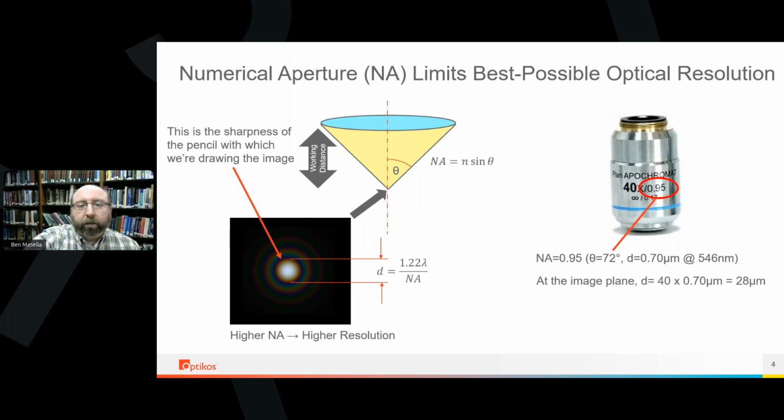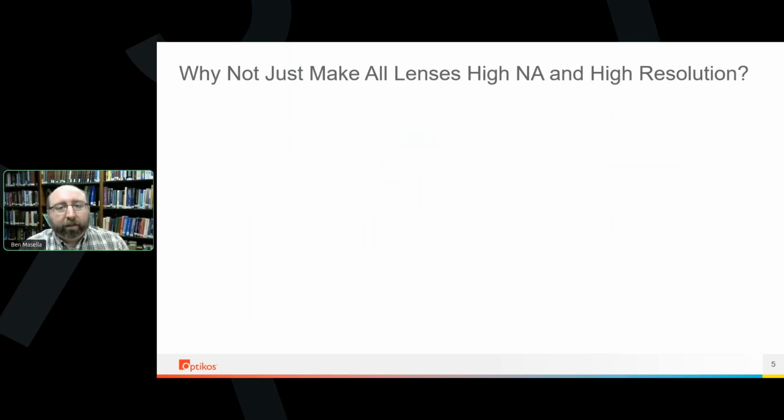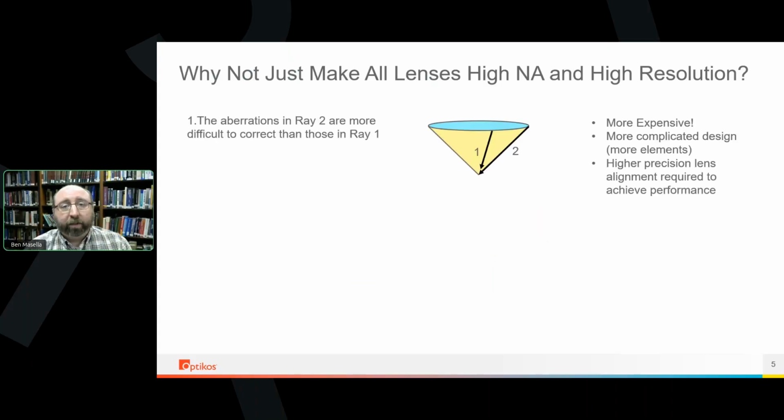So you might be wondering, why not just make all lenses high numerical aperture and high resolution? There are some drawbacks to trying to do that. The major one is that it's difficult. Correcting aberrations for rays that are at high angles from the axis tends to be harder and requires more complex lens designs than designing for lower numerical apertures.